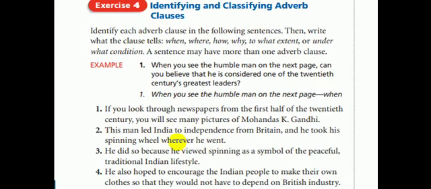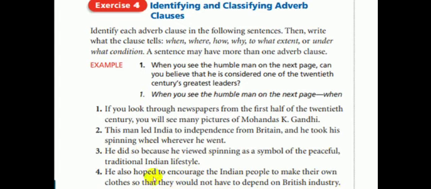Number 3, he did so because he viewed spinning as a symbol of the peaceful traditional Indian lifestyle. The subordinate conjunction we have here is because, and because he viewed spinning as a symbol of the peaceful traditional Indian lifestyle is the adverb clause. Number 4, he also hoped to encourage the Indian people to make their own clothes so that they wouldn't have to depend on British industry.